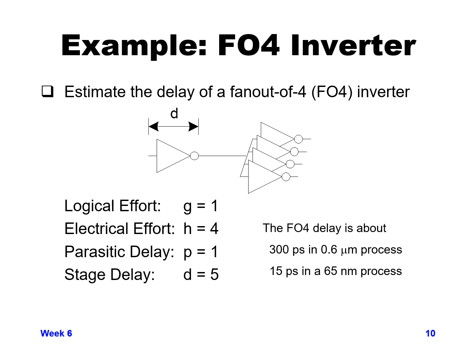In the 65 nanometer process, where it was 3 picoseconds, 3 times 5 would be 15 picoseconds. So that tells you how you can do your calculations in a process independent manner and then eventually convert to the process that you're on.